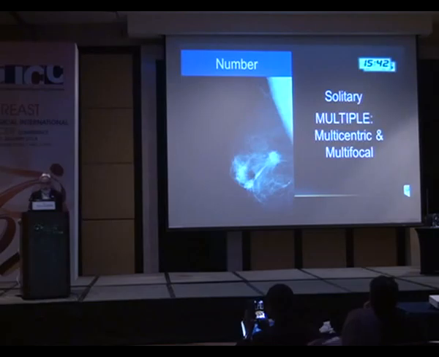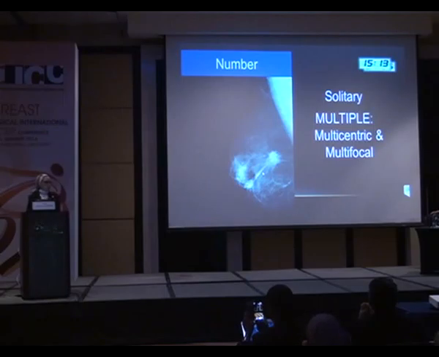To differentiate between them, multifocal is given when we have two lesions in the same quadrant, or two lesions in two adjacent quadrants, but the distance between the two is less than 4 centimeters. Breast cancer is multicentric if it has two lesions in two different quadrants, or the distance between the lesions in the same breast or two adjacent quadrants is more than 4 centimeters.